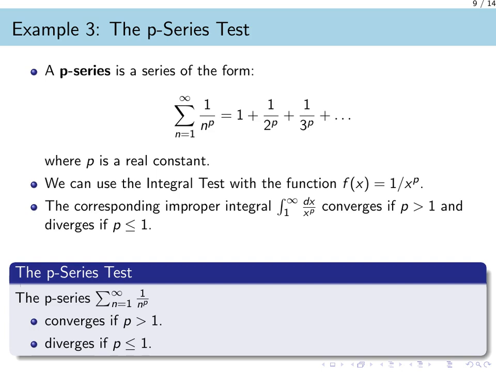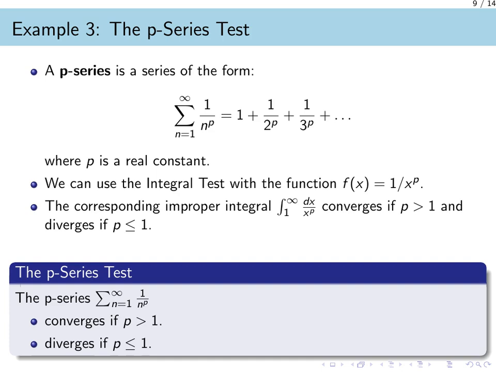From our study of improper integrals, we already know the behavior of this function. The integral from 1 to infinity of 1 over x to the p converges only when p is strictly greater than 1. It diverges for all other values, that is, when p is less than or equal to 1.